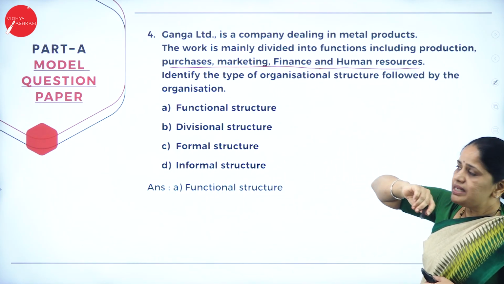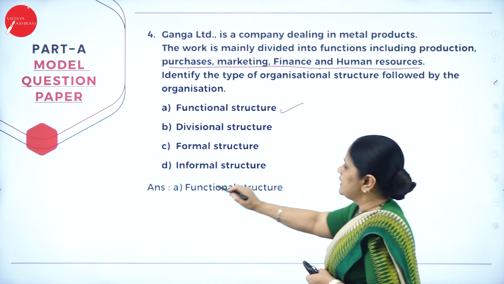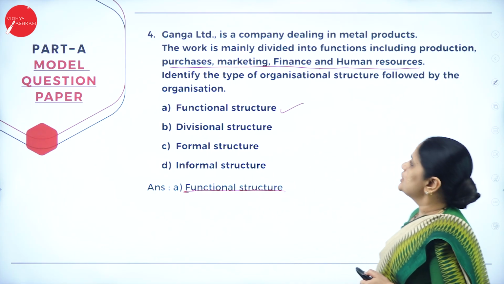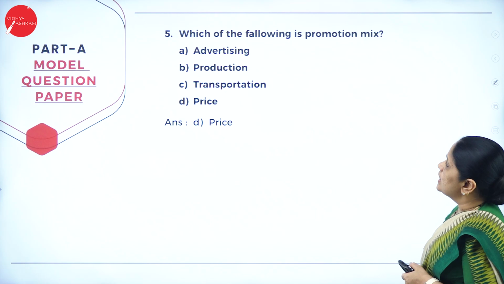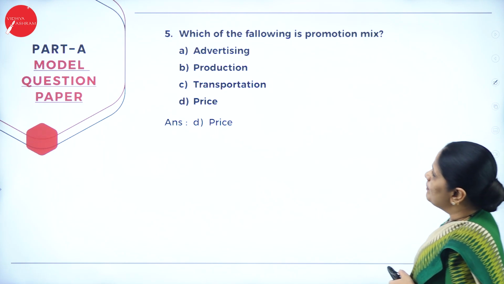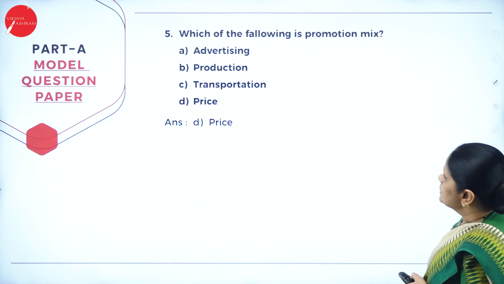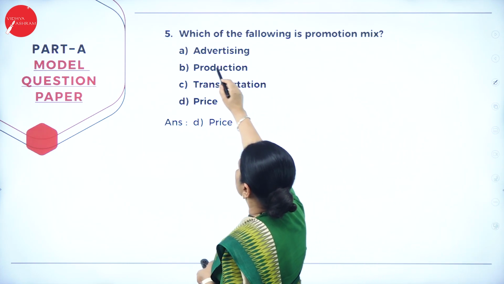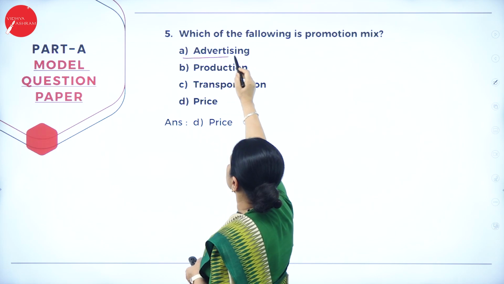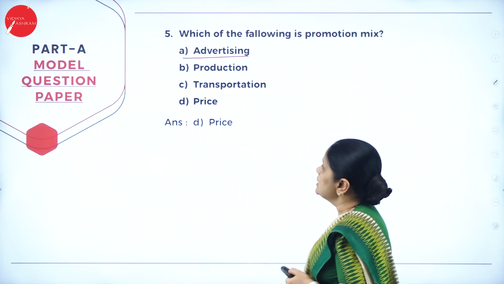So, on the basis of functions, if it is divided, it is a functional structure. Then, in the fifth question, which of the following is a promotion mix? So, the answer is advertising. This is the promotion mix.